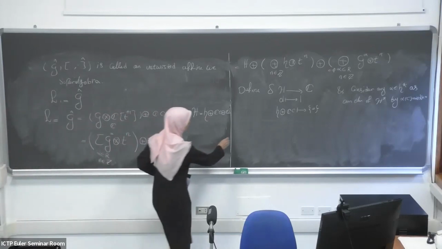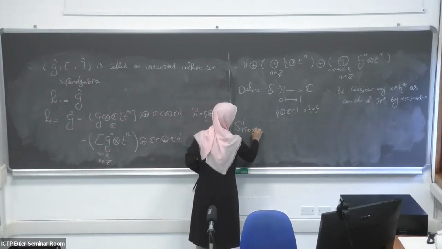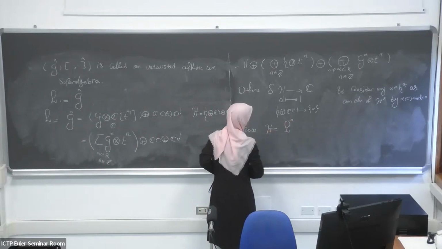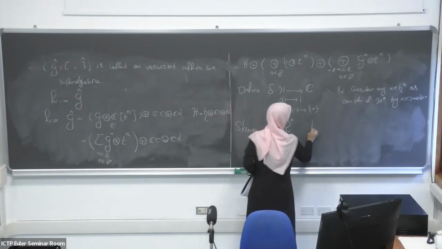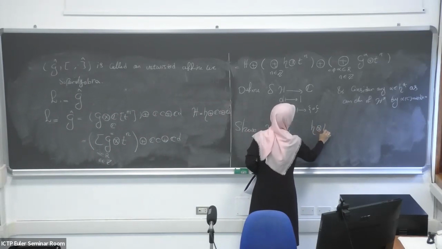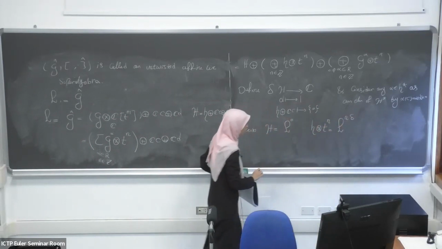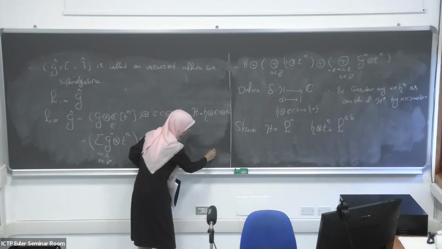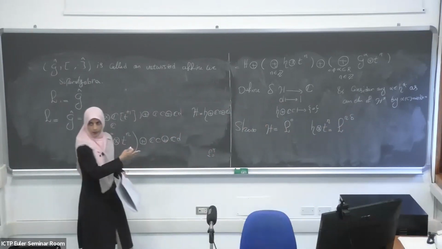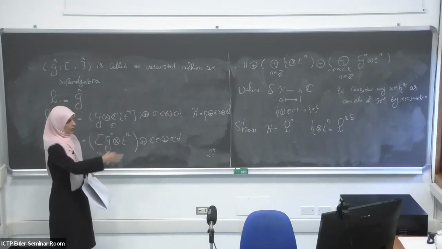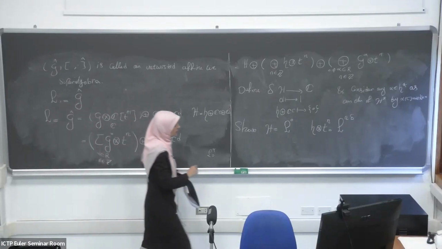Then, as an exercise, show that H is just L0, H tensor Tn is L n delta. You know what the definition of L alpha is. In fact, L has a weight space decomposition with respect to H, and the weight spaces are like this.